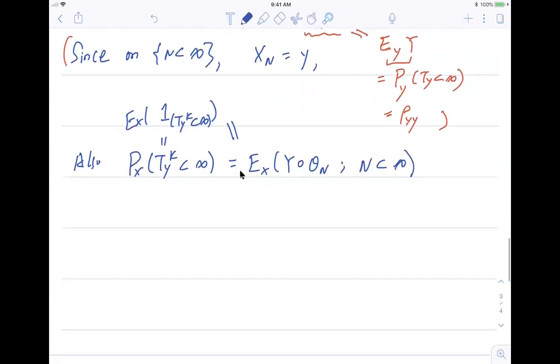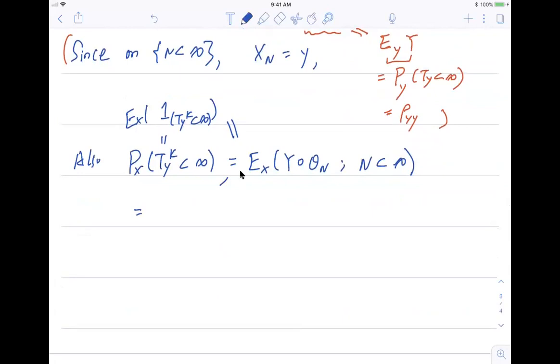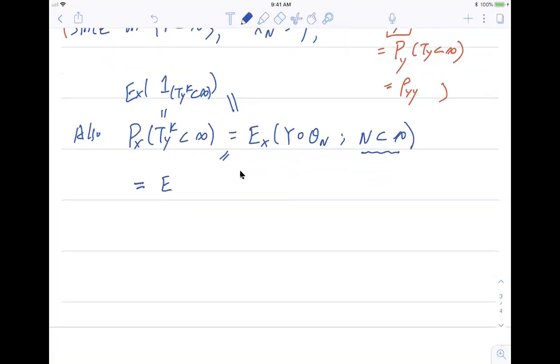So the next step, from here, we use the definition of conditional expectation. This is the expectation, just integrating on this set. So now we write the expectation of the conditional expectation.